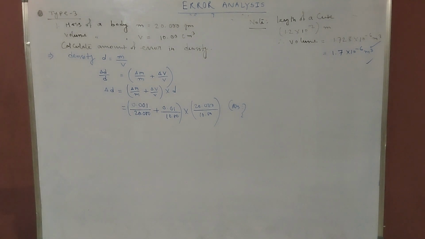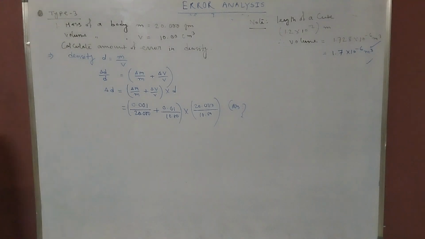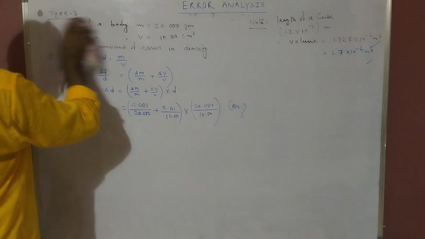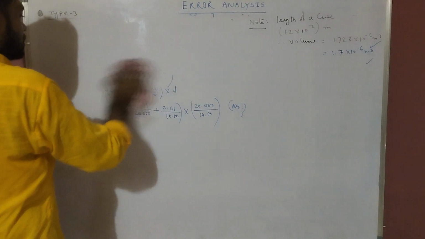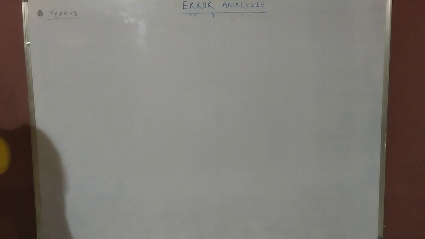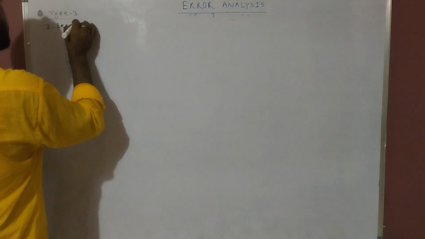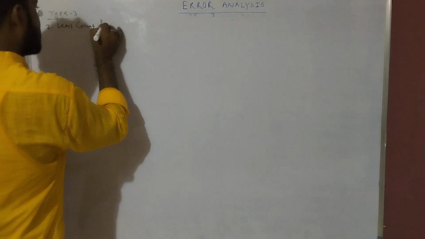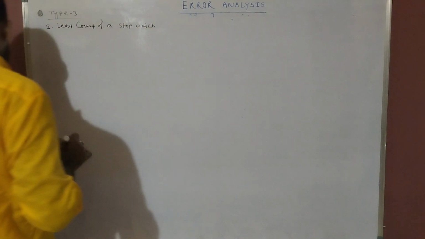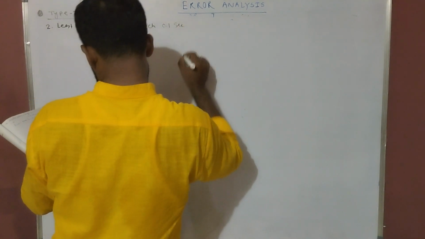Next problem. Today's last problem. The least count of a stopwatch is 0.1 second.